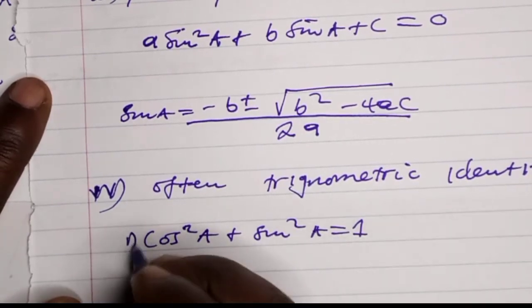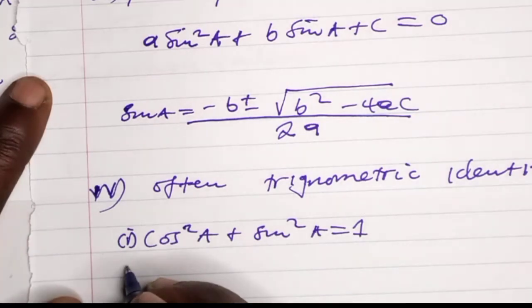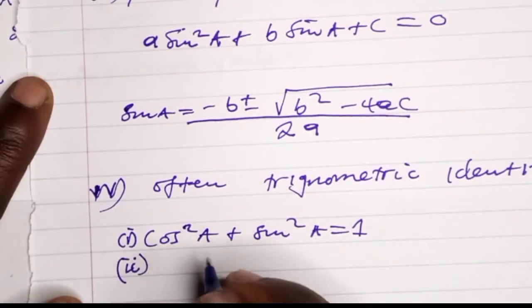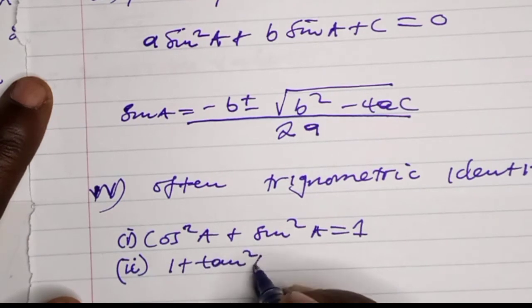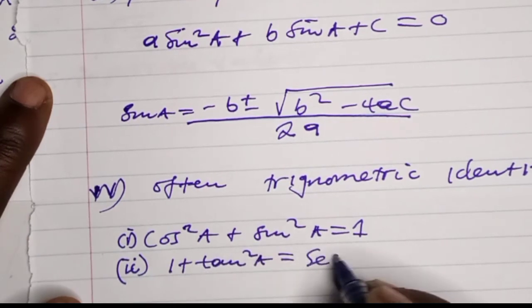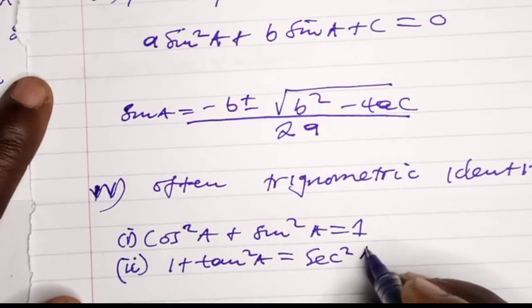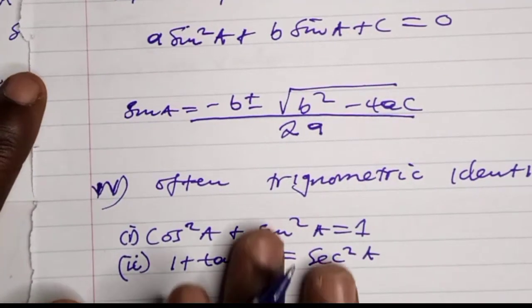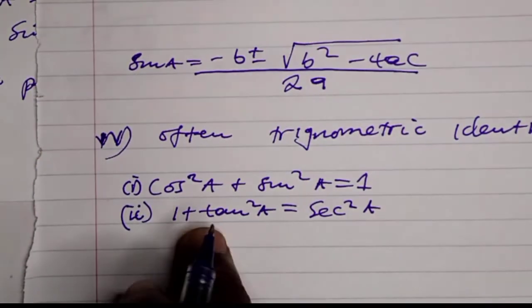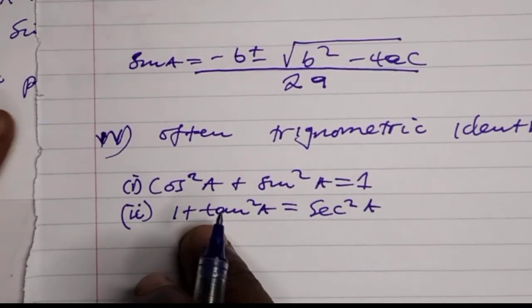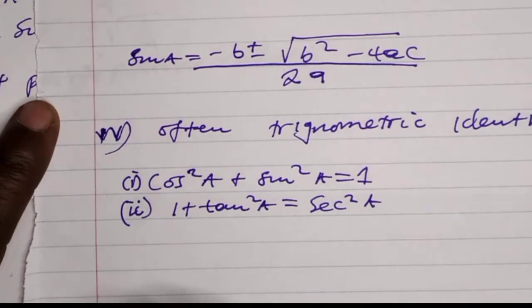Another one, Roman numeral 2, is 1 plus tan squared A equals sec squared A. So make sure you all know these identities for you to solve some of the trigonometric equations.